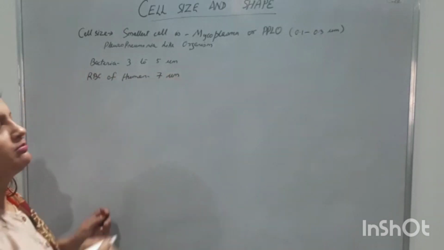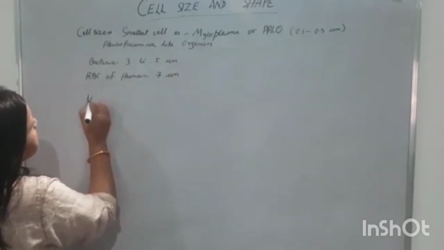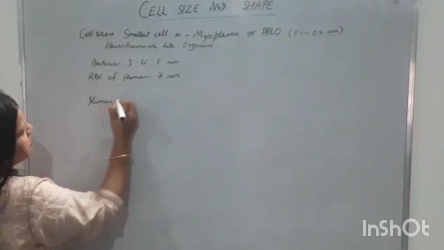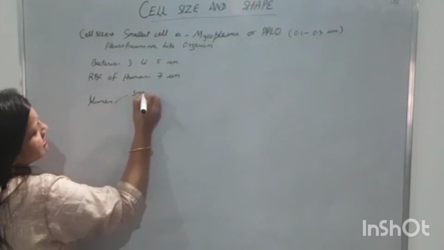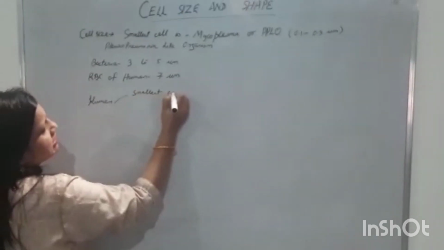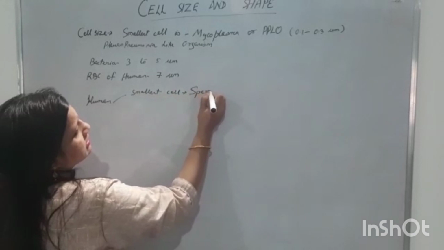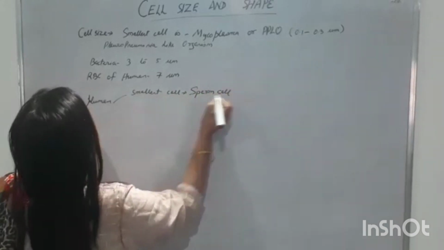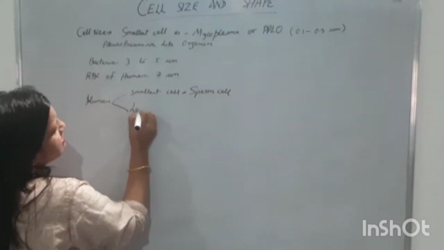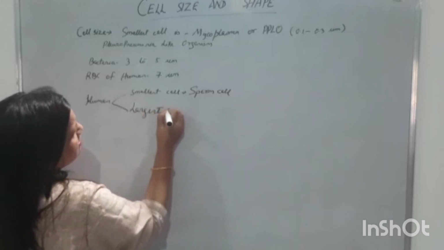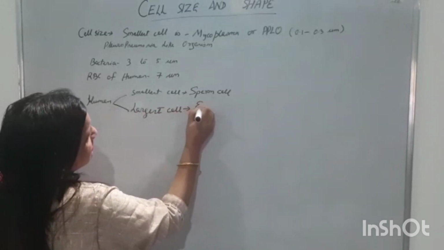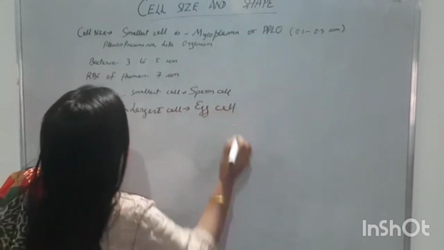Smallest cell in human is sperm cell, and largest cell is egg cell.